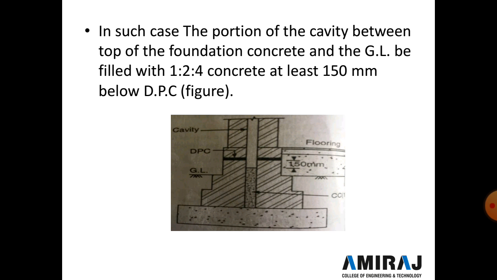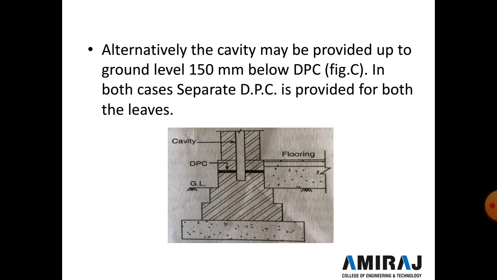In the figure, from the DPC, damp proof course, up to the damp proof course, we fill up the gap, or we fill up the cavity. Now in another alternative case, the cavity may be provided from the ground level, 150 mm below the DPC. In both cases, separate DPC is provided for both the leaves.